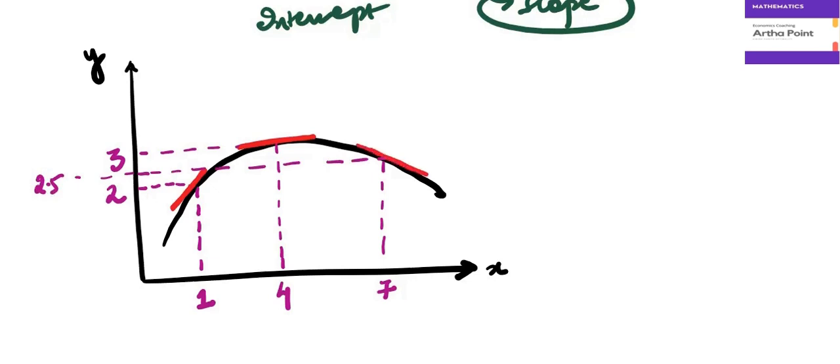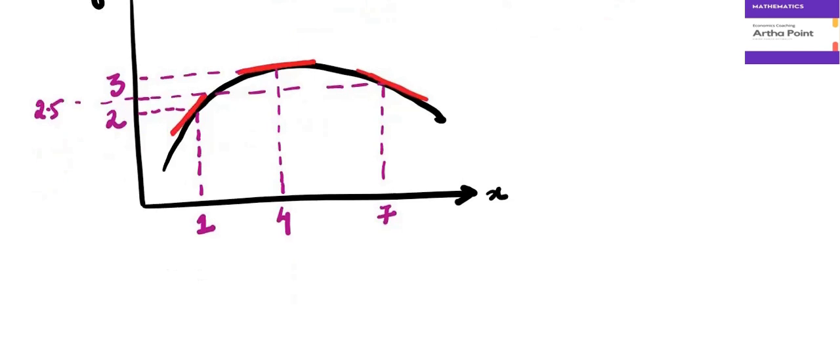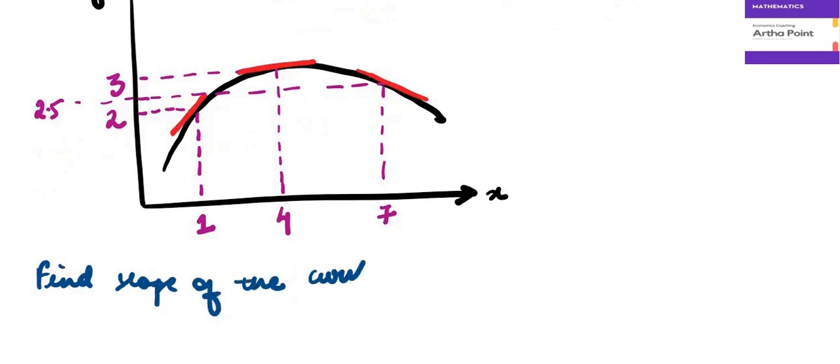Now I'm asking you the following question: find the slope of the curve at 1, 4, and 7. Supposedly, this is the question which is given to you.